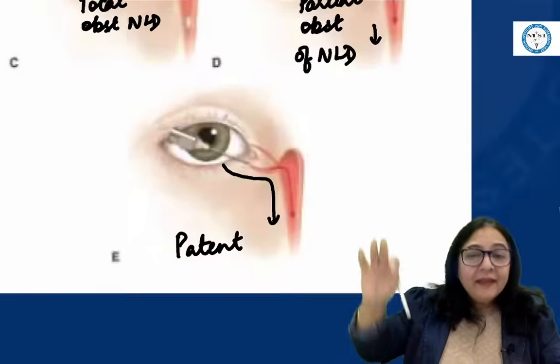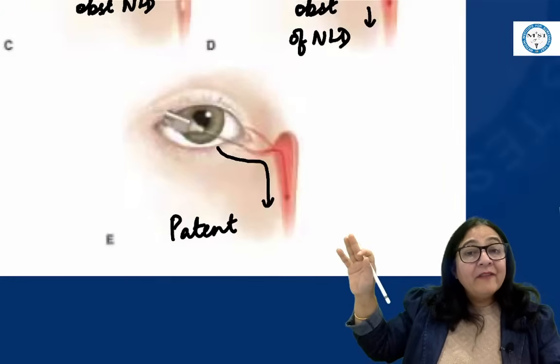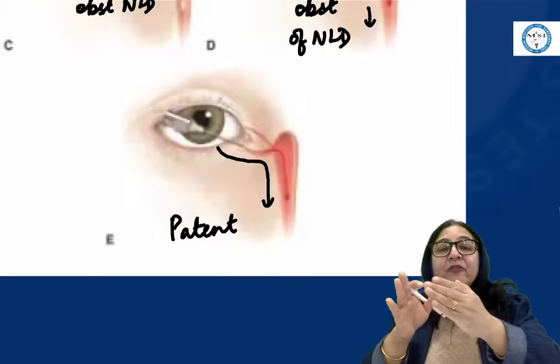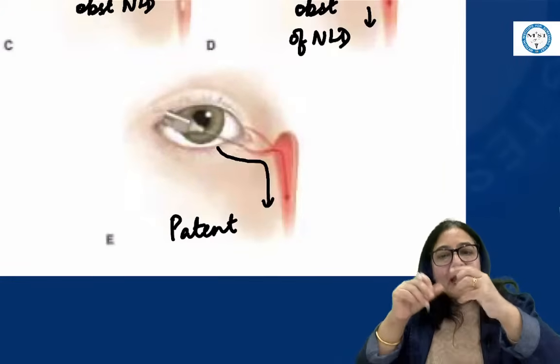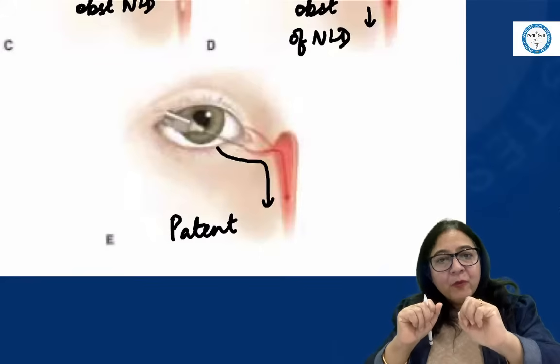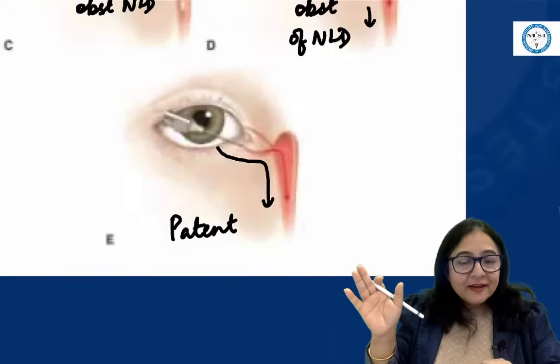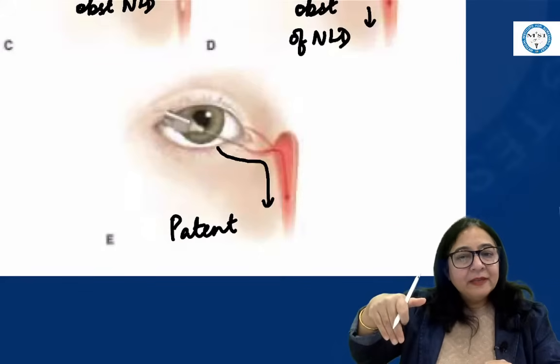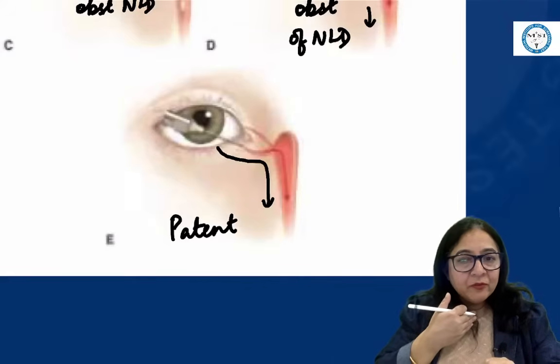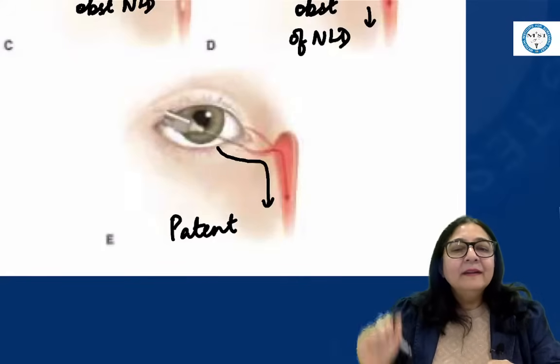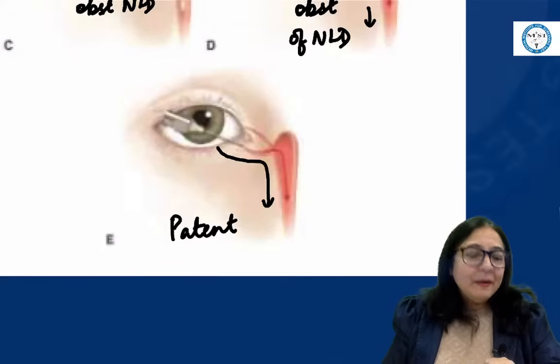And if everything is normal, you are able to push your cannula completely, and when you push the fluid, there is no regurgitation and the fluid goes into the nasal cavity, and the patient can feel it in the throat, then it's patent lacrimal passages.